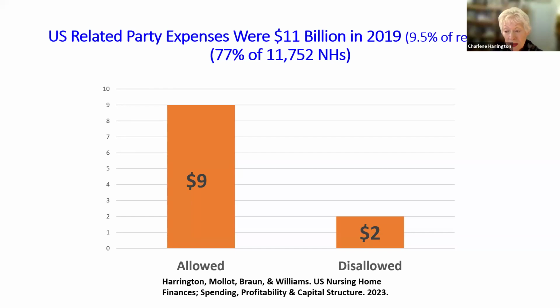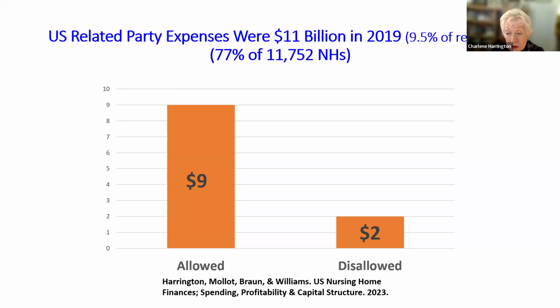So this is what they admitted to, and they claim that 11 billion were allowed and 2 billion were disallowed. But because all the cost reports are just what is turned in by the facility, they do not have to be audited before they're turned in.